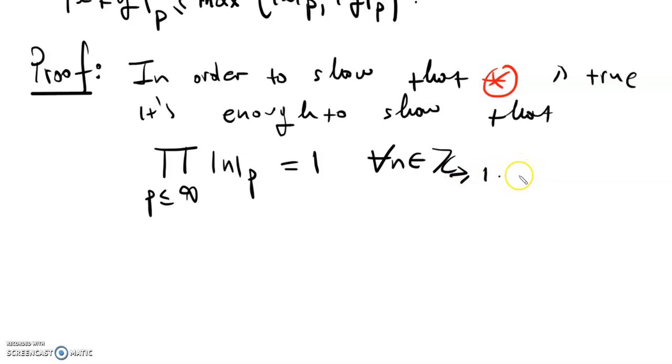And this easily follows from the fact that every absolute value is multiplicative.